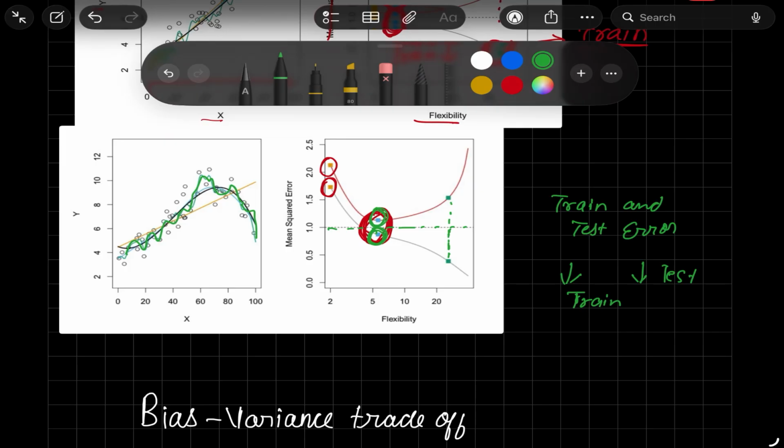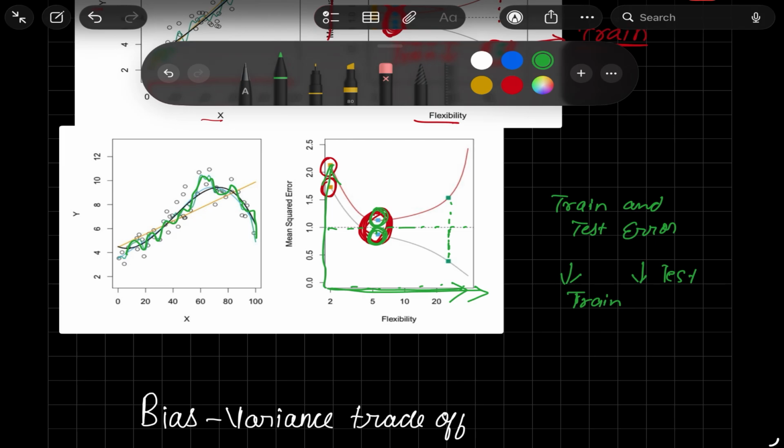Okay, so if the model is capturing the data pattern, we should go with that model where the test error is low and train error is low. As flexibility increases, MSE should not increase, because MSE is the performance measure of our model.